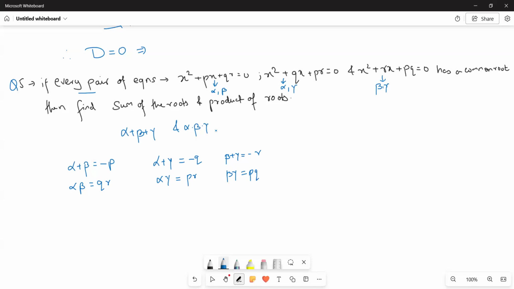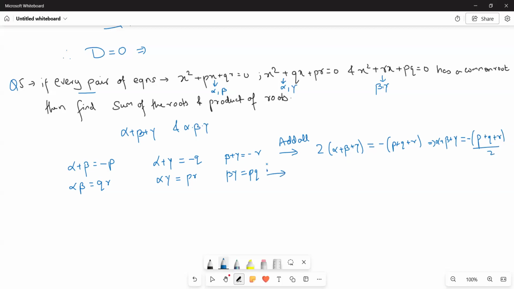ऐड एंड मल्टीप्लाई कर देंगे, सही बात है. इसमें first equation में भी add all three. Add all. So this would be twice of alpha plus beta plus gamma is minus of P plus Q plus R. So the sum of the roots, alpha plus beta plus gamma, would be minus of P plus Q plus R by 2.